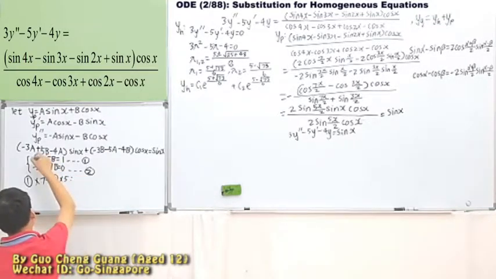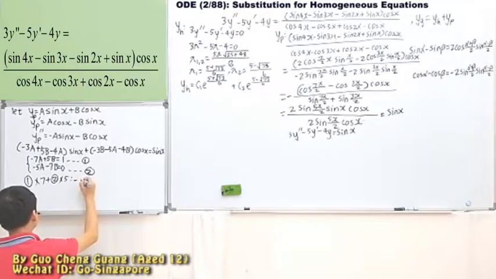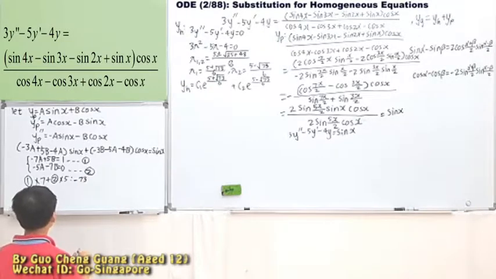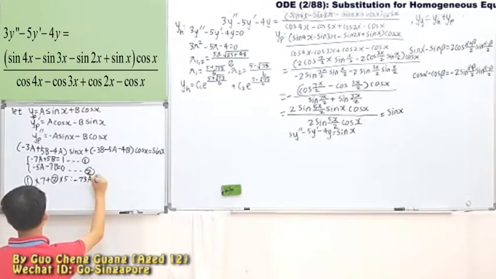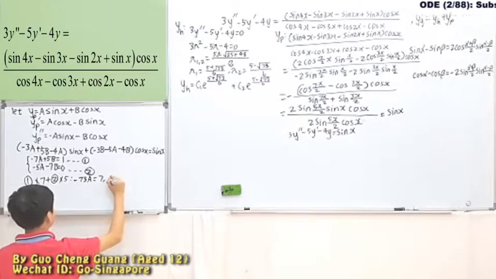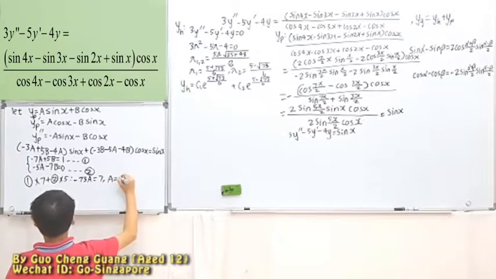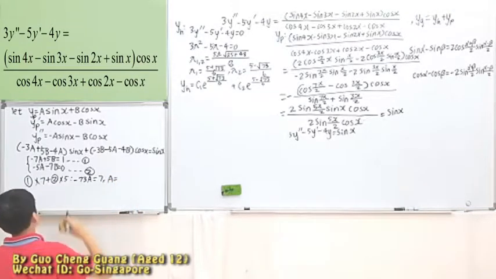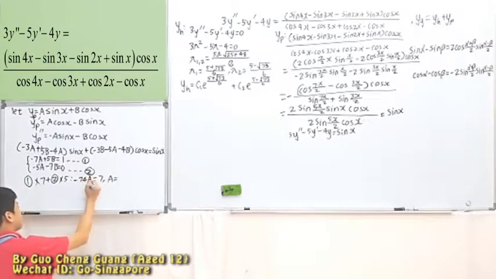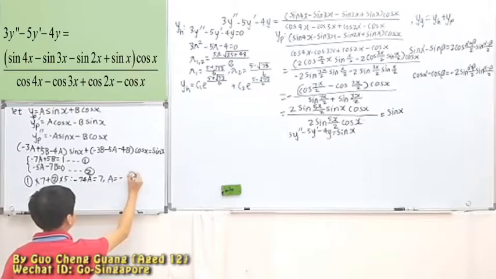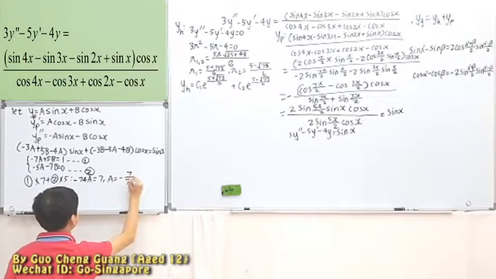So here is negative 48 and here's a negative 25. So it would be a negative 73a and this is 7. So A would be, wait a second, this is 74. So A will be negative 7 over 74.